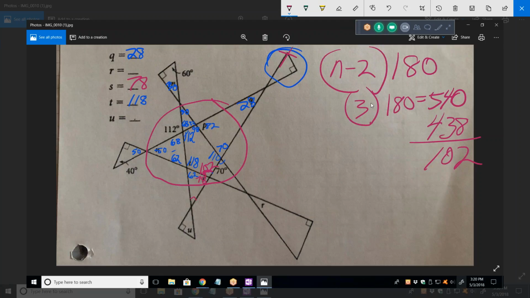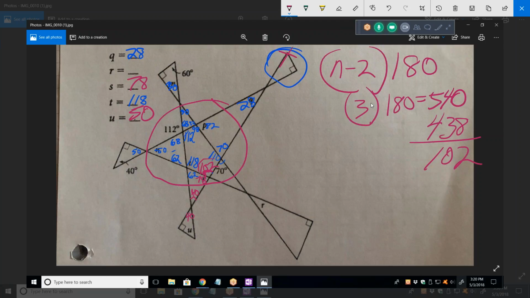What is that one? 40 degrees. And now that you know that one's 40, what is U? 50 degrees. Good. Only thing we need is R.